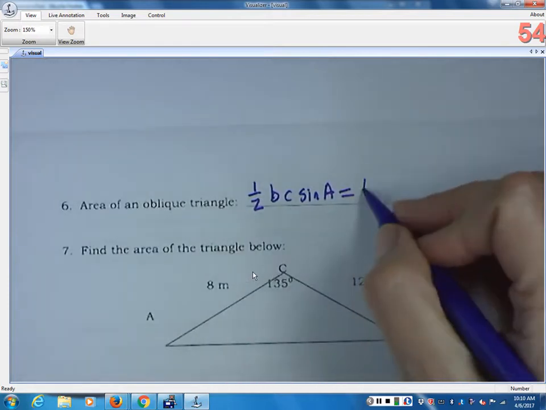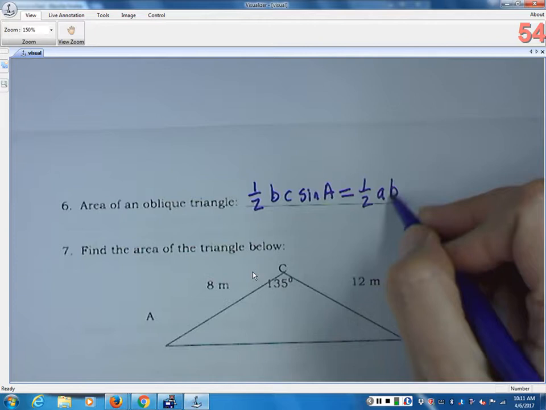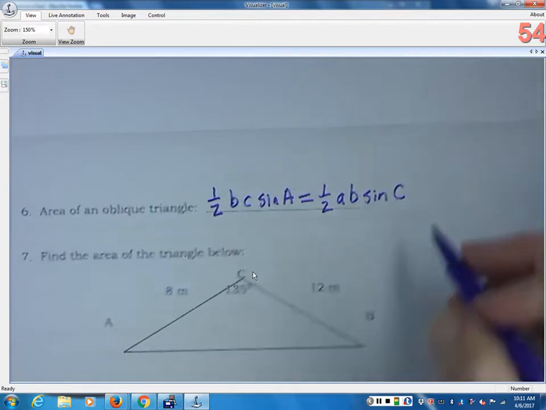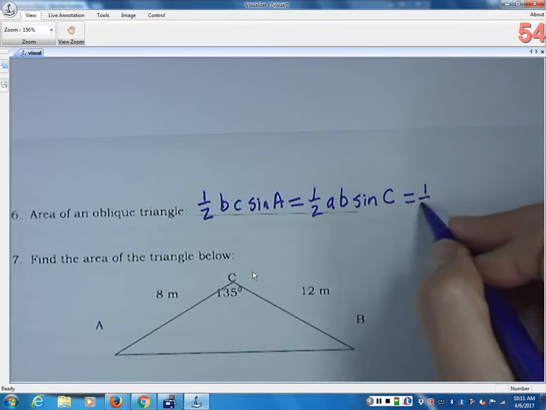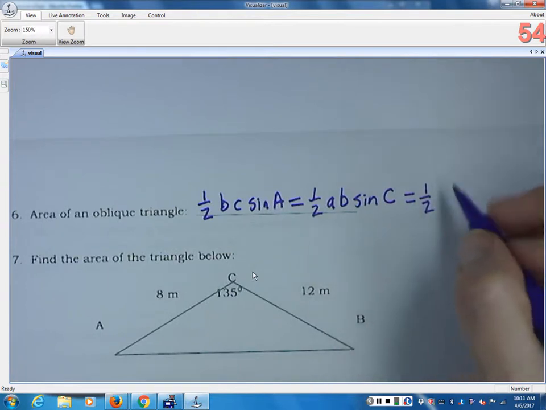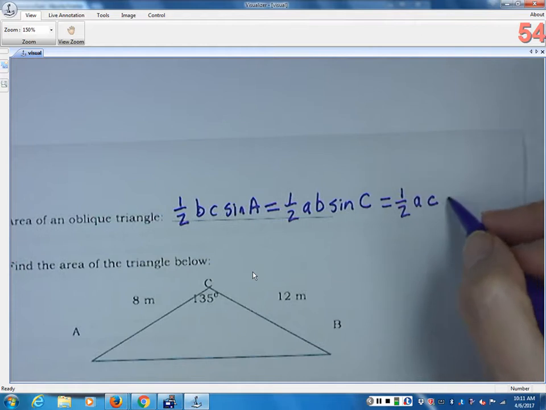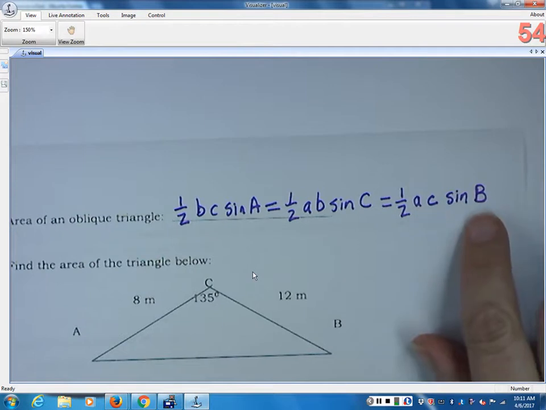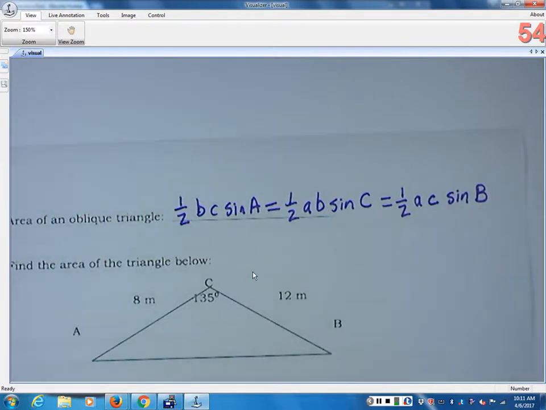Or 1/2 AB, the sine of the angle between them. It's 1/2 the two sides times the sine of the angle between them. Remember these little side B is opposite capital B angle.